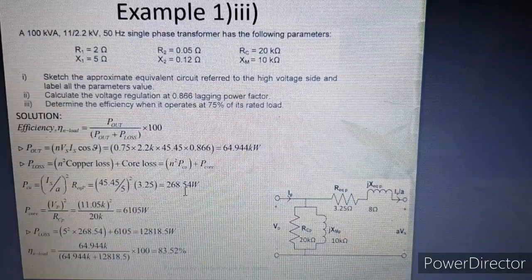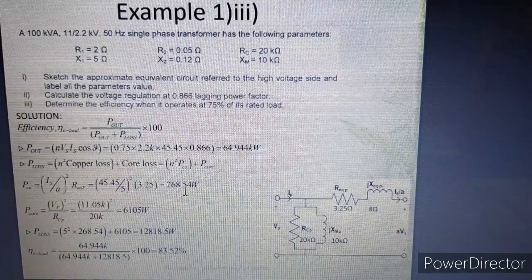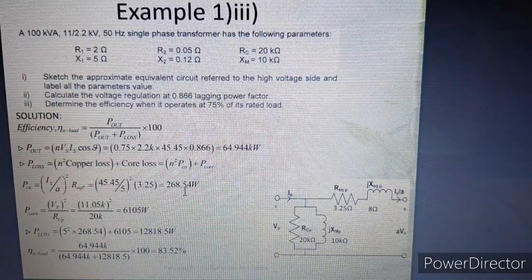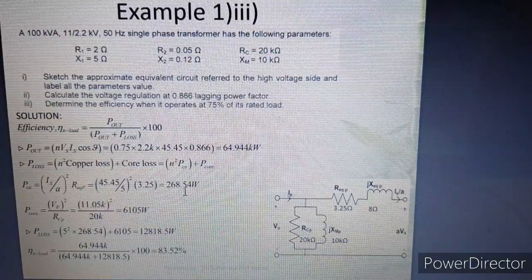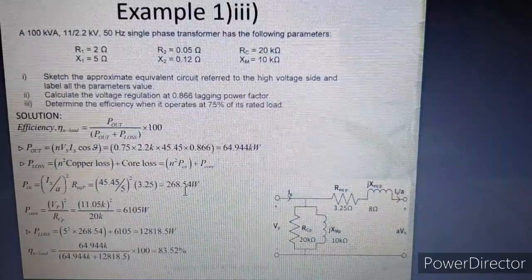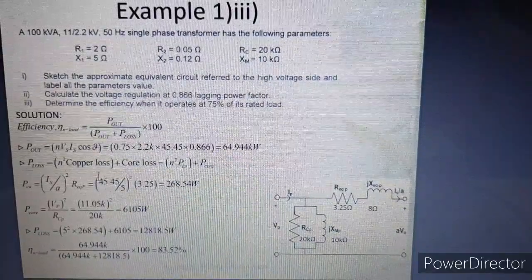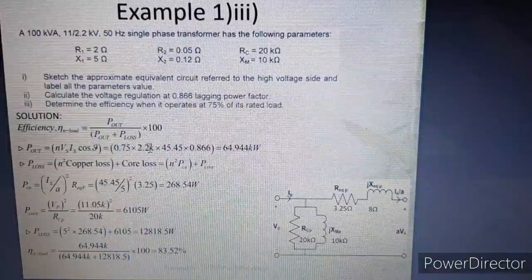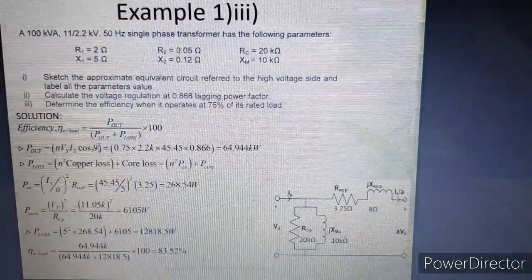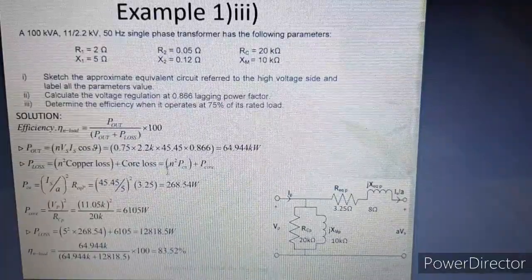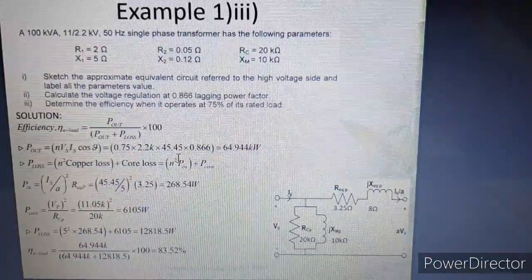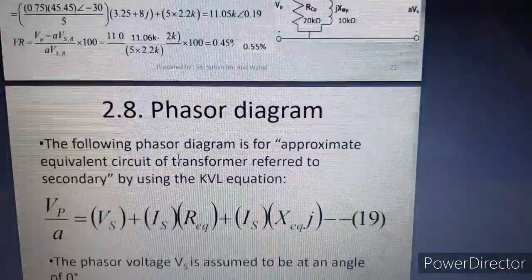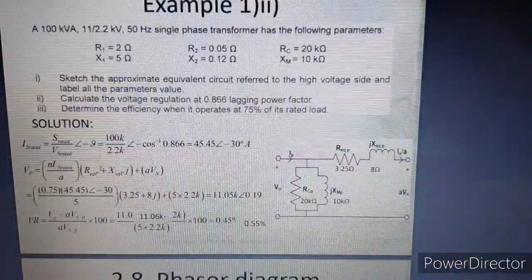The efficiency formula is P out over P out plus P loss. So get your P out first. P out is N VS IS cos theta. N is 0.75. VS rated is 2.2K from the question. IS rated is from where? 45.45. We have already calculated it during the example for number 2 Roman.